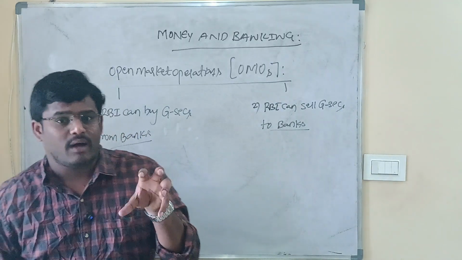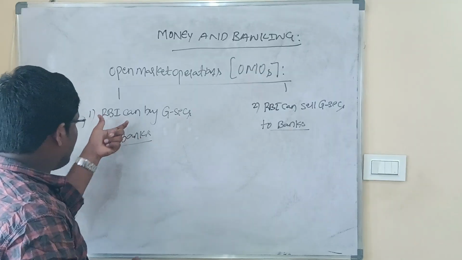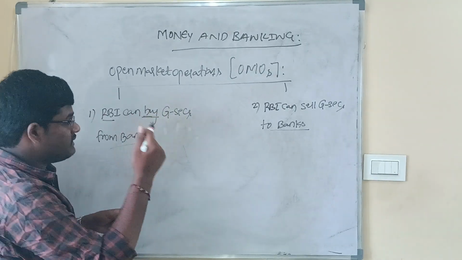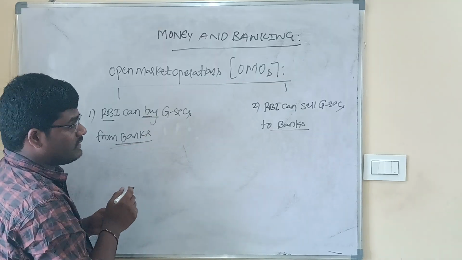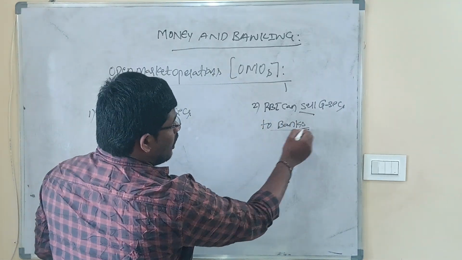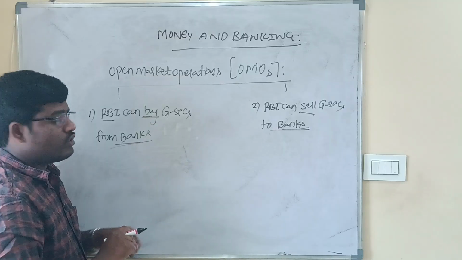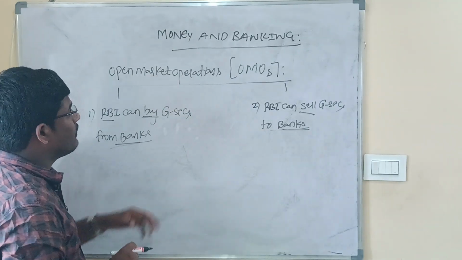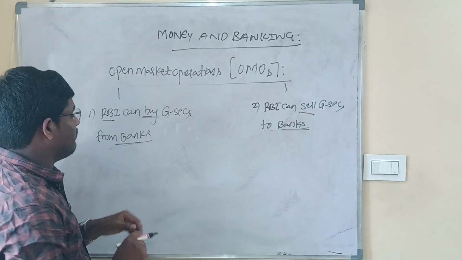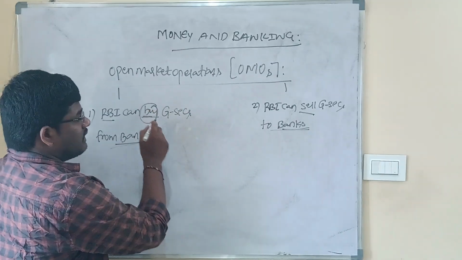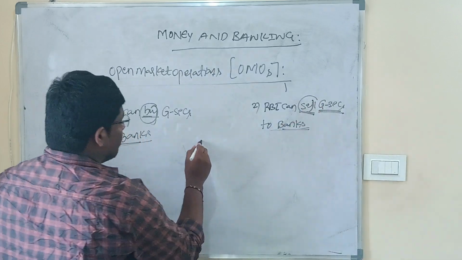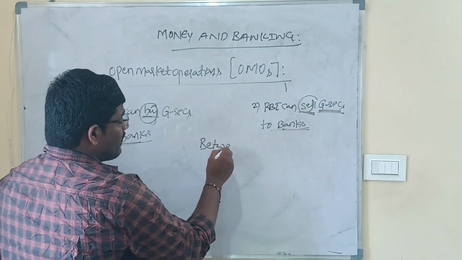So in open market operations, RBI, the Central Bank of India, can purchase government securities from banks and it can sell government securities to banks. By these two types we can define it. Open market operation simply refers to the purchase and the sale of government securities between RBI and the banks.